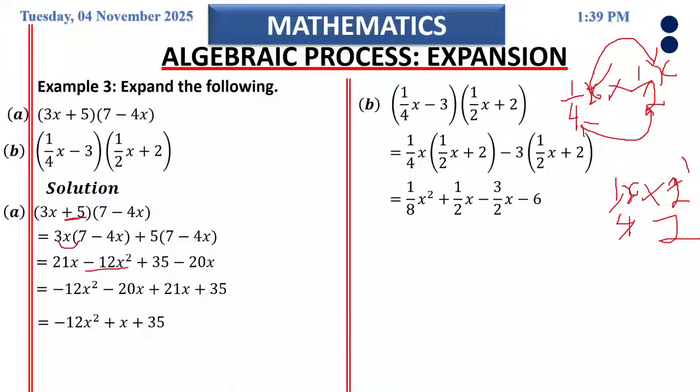So by that, we are sure that we have fully expanded. Yes, we are expanding, but we are not going to stay there, because we have a term in x here and a term in x here. So you do your regular addition. If you are confused as to what to do, you agree with me that if you take the LCM, that will give you 2.